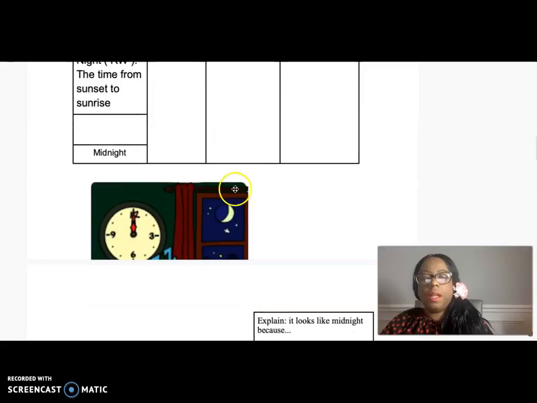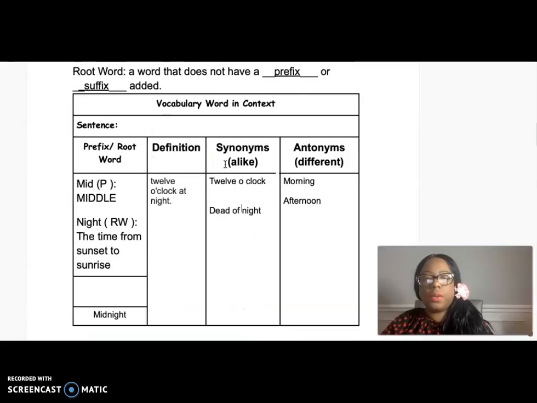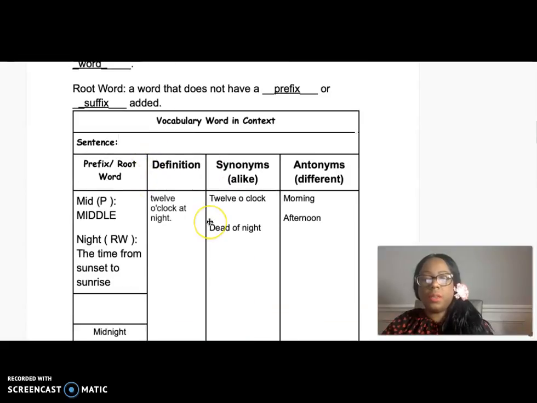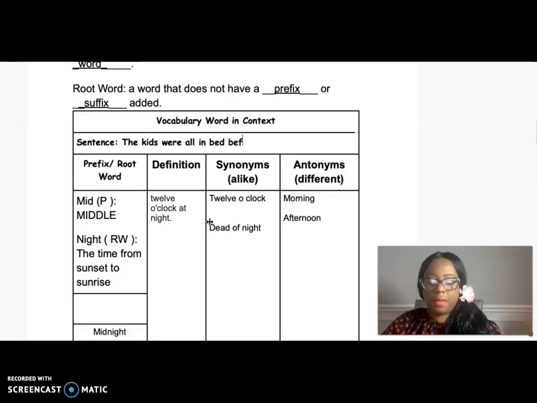Now, if we were to create a sentence using the word midnight, I would write, but you can make up your own sentence: The kids were all in bed before midnight. Make sure you underline your word.